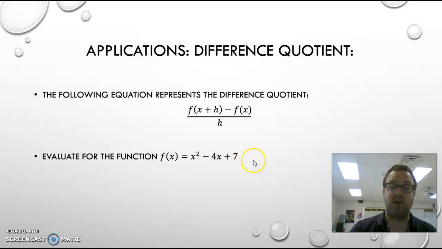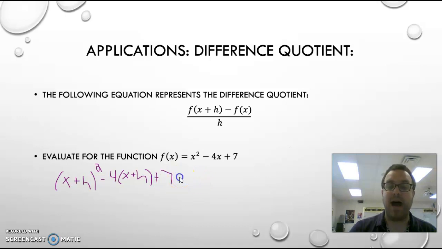It says the value of the function x squared minus 4x plus 7. Basically, what I want you to do is everywhere you see f of x of something, put that into this equation. So for example, f of x plus h, I would say, all right, that's going to be x plus h squared minus 4 times x plus h plus 7.